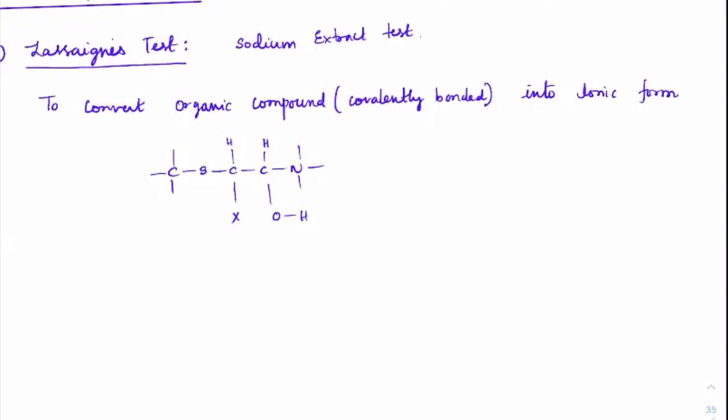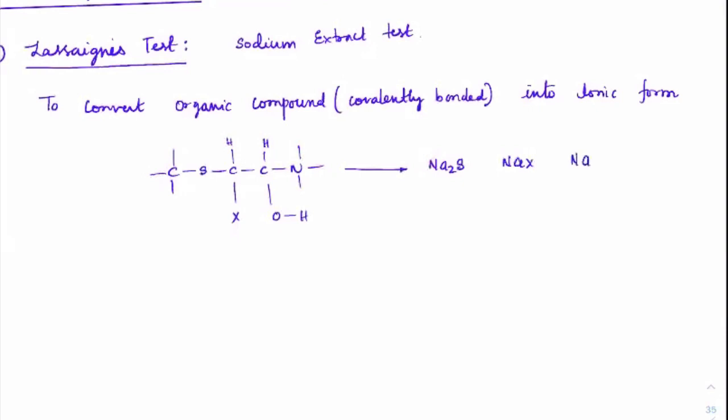If there is sulfur, we want that to convert into Na2S. After performing some reaction on this organic compound, we should get an ionic compound Na2S if there is sulfur. If we have halides, we should get NaX.